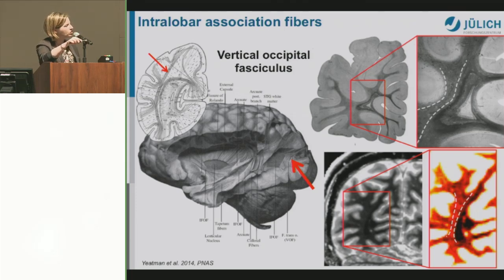And the same is true for in vivo studies using T1 contrasts, where again an occipital lobe coronal section has been taken, and you see here the very high T1 contrast, again as compared to the medially adjacent other fiber tracts. So you can delineate the vertical occipital fasciculus even in in vivo imaging.